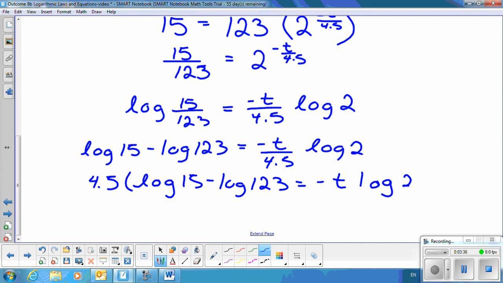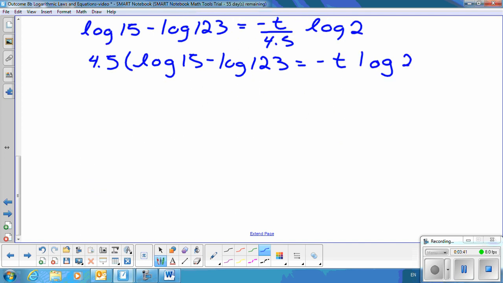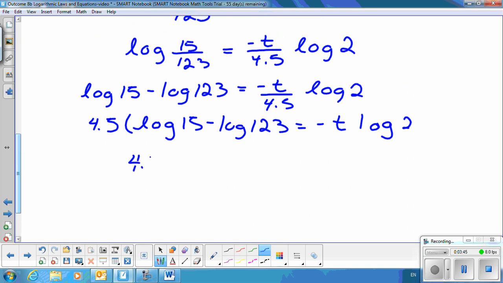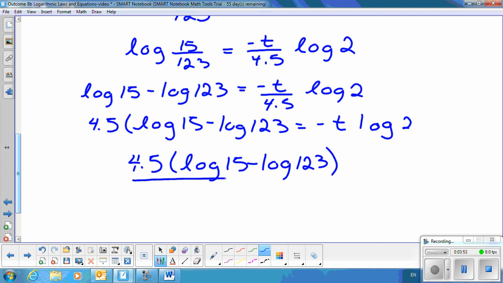To get T by itself, I'm going to divide both sides by negative log 2. And I end up with 4.5 times the log of 15 minus log 123, all over negative log 2, equals T.